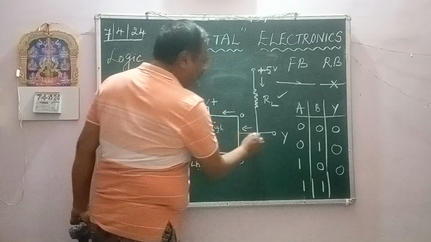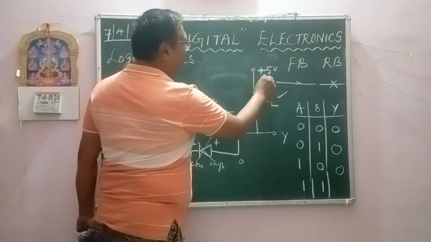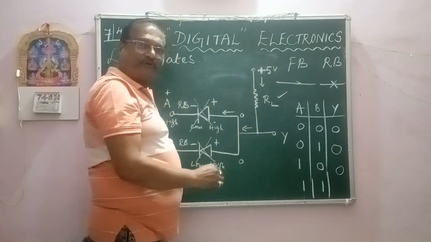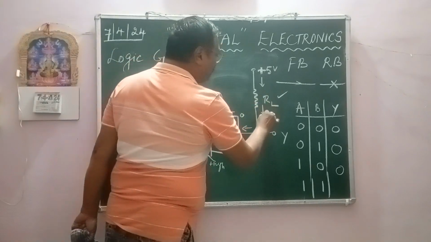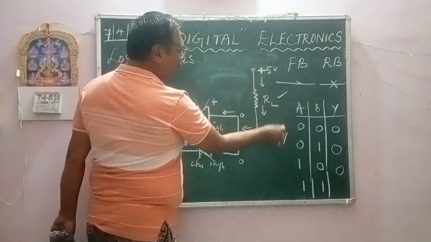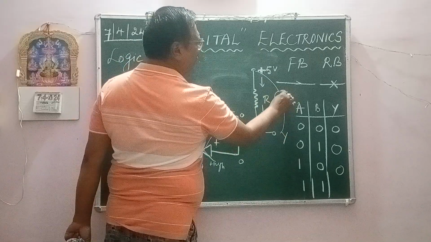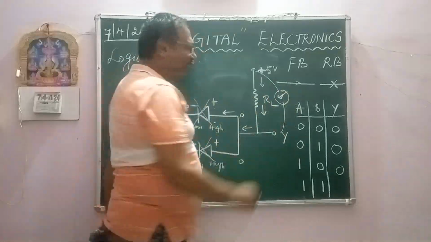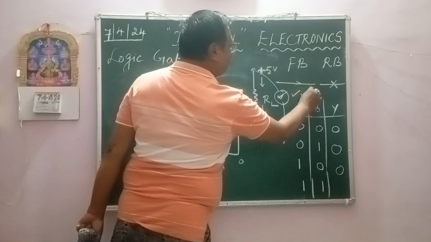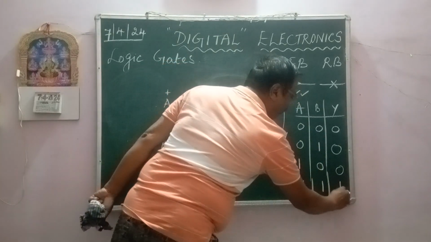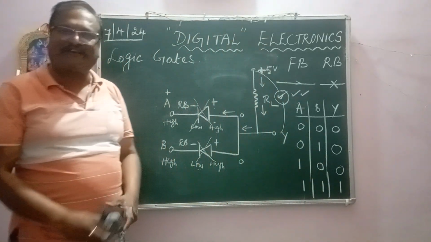When both the diodes do not conduct, what about the current coming from the positive 5 volt? That current will come to the load resistor and we connect a multimeter or a voltmeter here. It will show the value and that is the output here, and that is why 1 1 leads to 1.